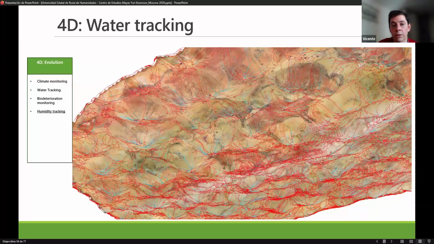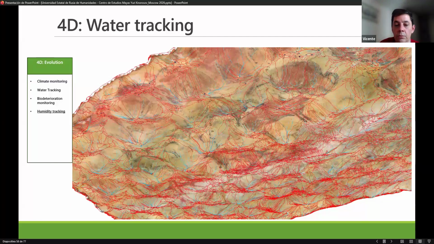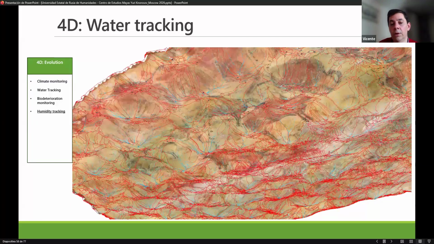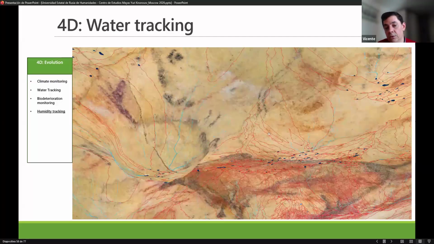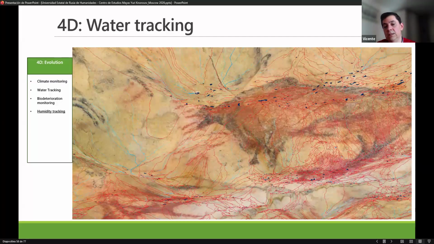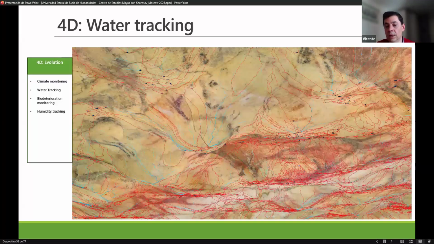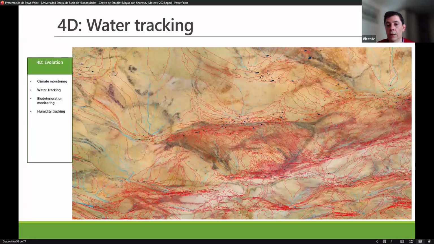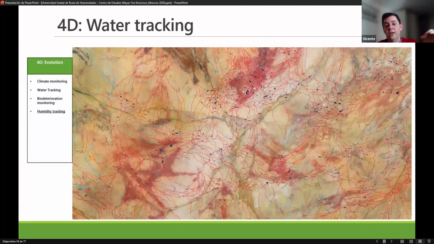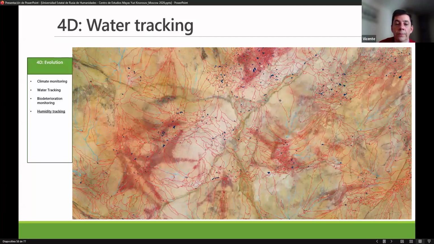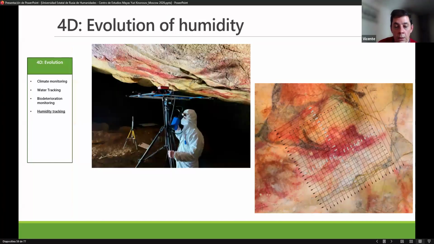Okay, this is the way we try to model and calculate, and now we are starting to take some preventive conservation strategies in this area, putting silicone wires just to deviate the water and all this. This is what we have been doing the last 5 years, just to control humidity in these parts.